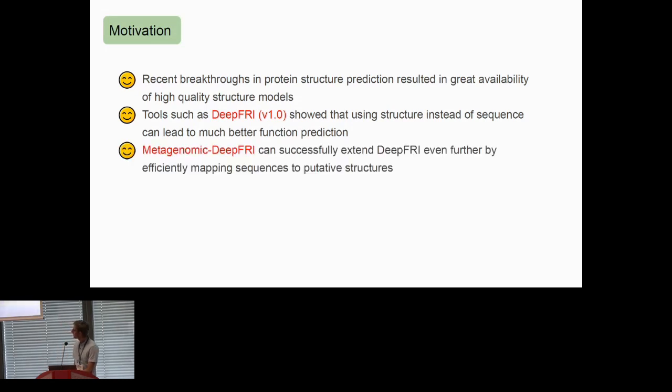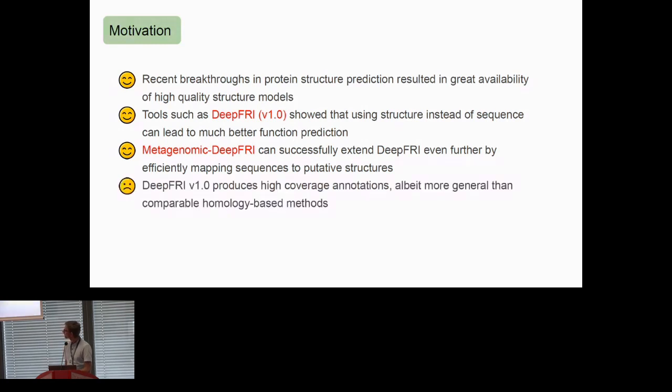The extension of DeepFry, called metagenomic DeepFry, allows us to efficiently map sequences to predicted structures, and thanks to that, we can use this structure-based method also for sequences.